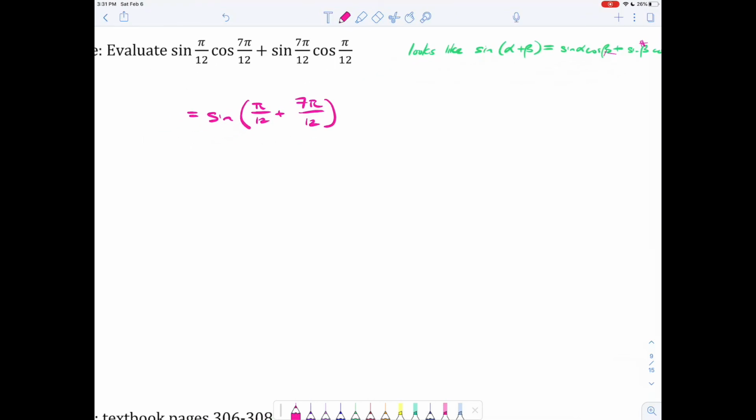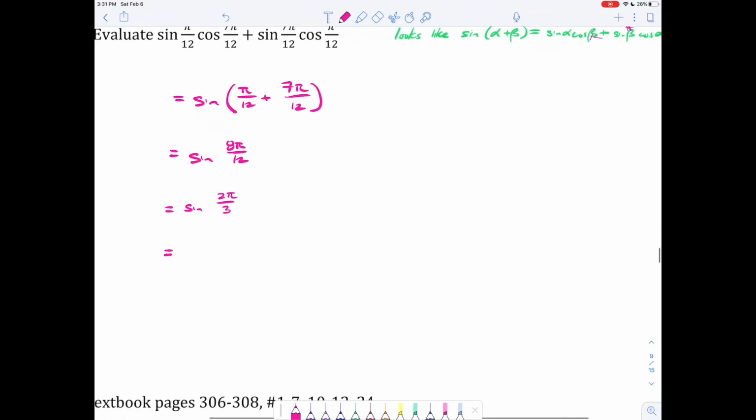And then for evaluating, I can just sum up the brackets. So we've got pi over 12 plus 7 pi over 12. So that's like 8 pi over 12. And simplifying that, 8 pi over 12 is 2 pi over 3. And sine of 2 pi over 3 is some, I don't know what it is.